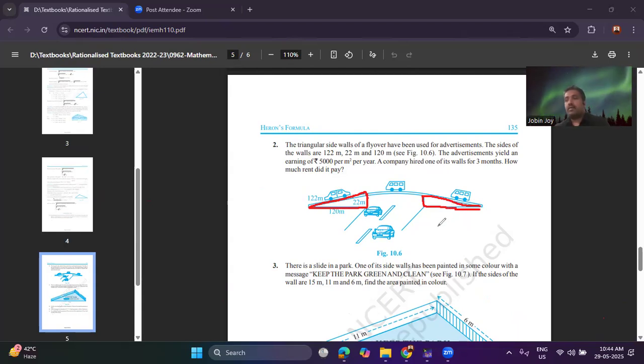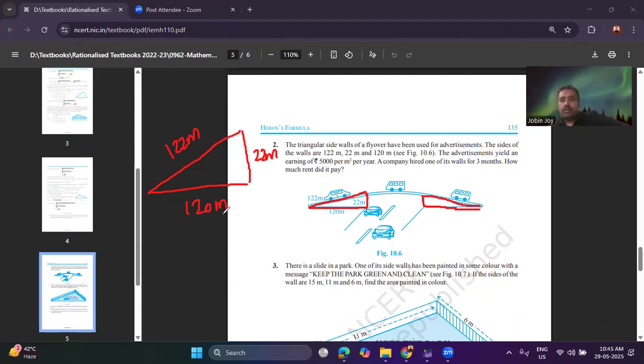So the government is planning to put advertisements on these triangular side walls of this flyover. The sides of the walls are 122 meter. So I will draw the triangle here. This is 122 meter, this is 22 meter and this is 120 meter.